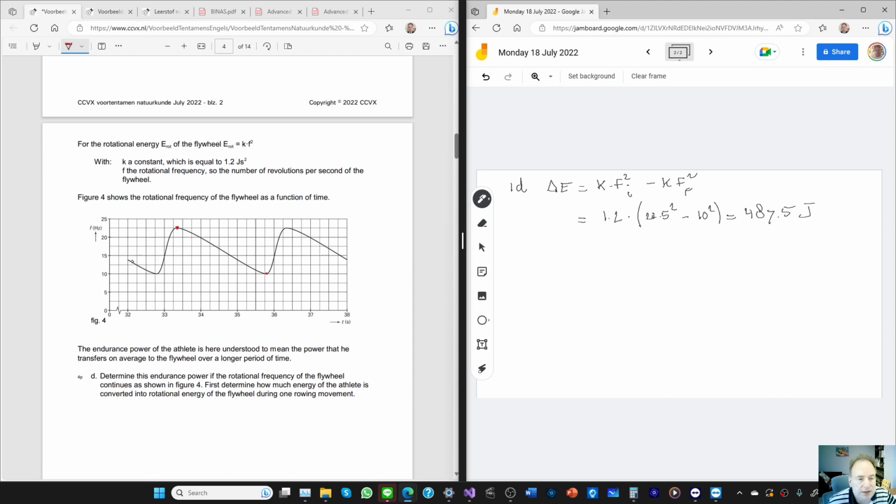So from here to here is 2 periods. So the period, let's call that T, is then 38 minus 32, but then divided by two periods. So that is then 3 seconds.